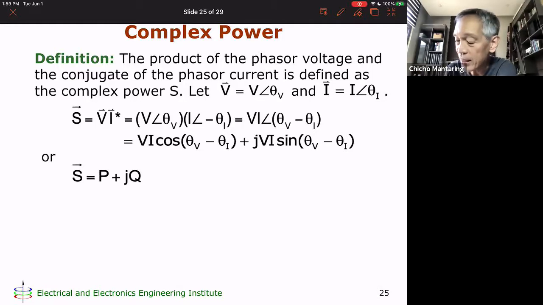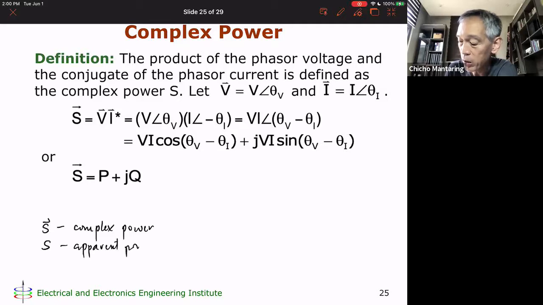So when you say S with the arrow, this is complex power. When I just say S, this is apparent power, a scalar quantity.